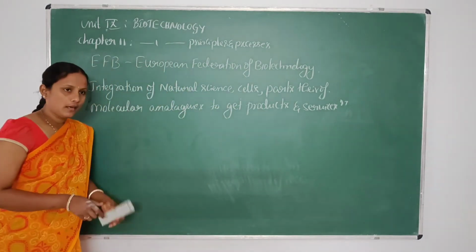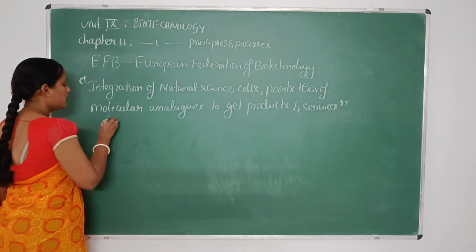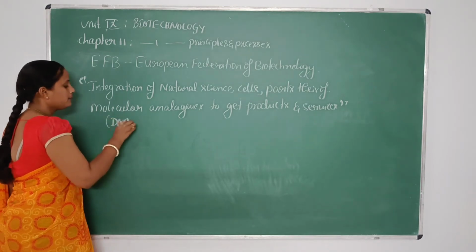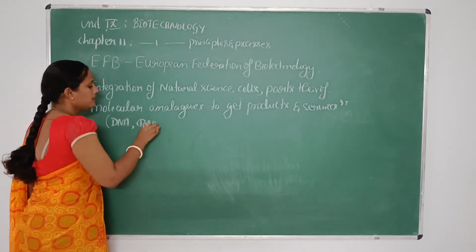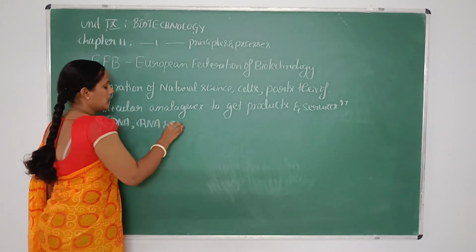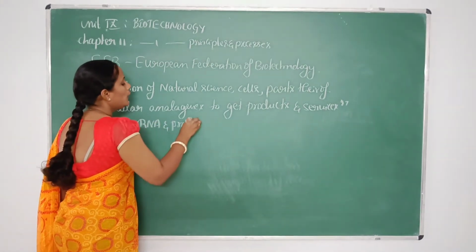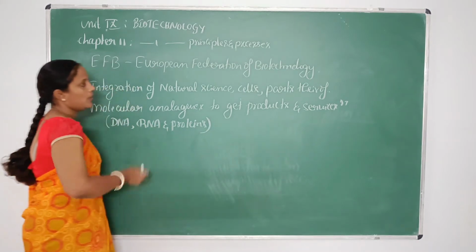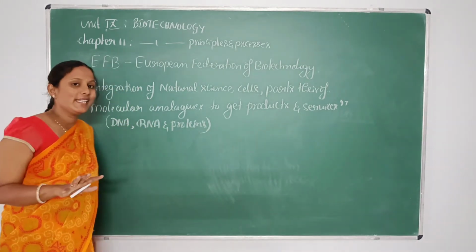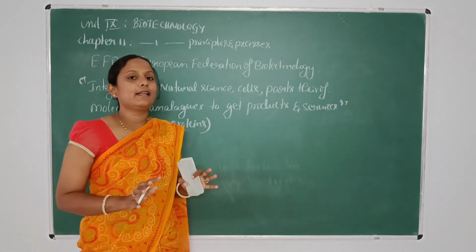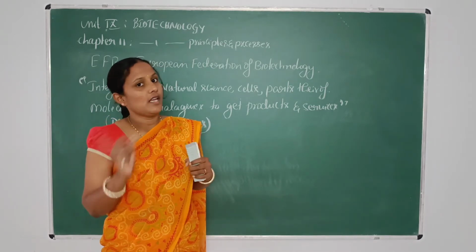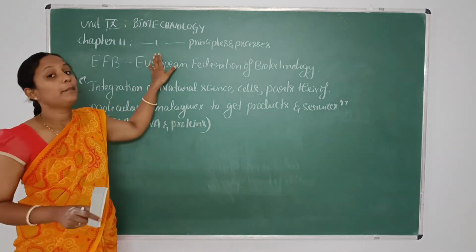And the molecular analogues. Molecular analogues refers to DNA, RNA and proteins. They are called molecular analogues. If we use any of these in order to get products and services, then it is called biotechnology.